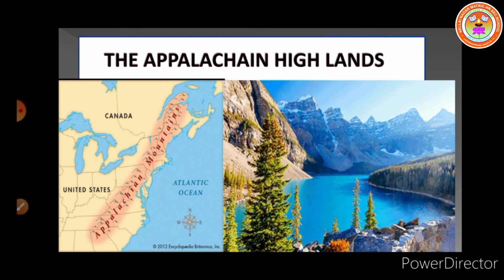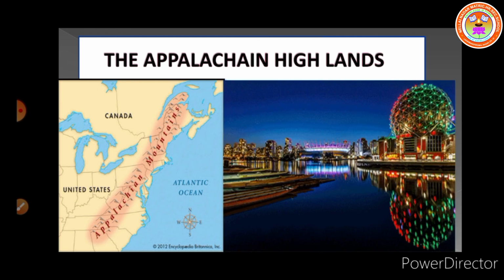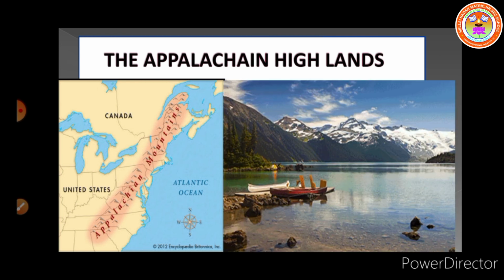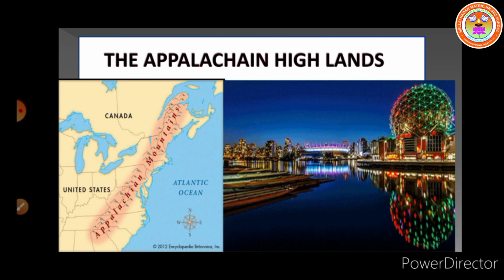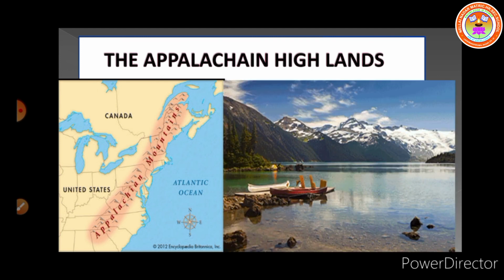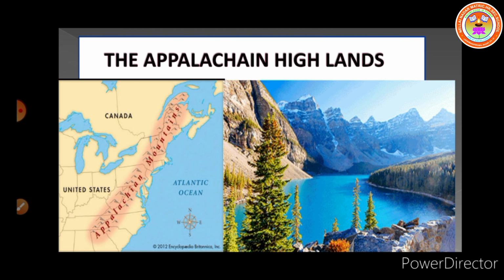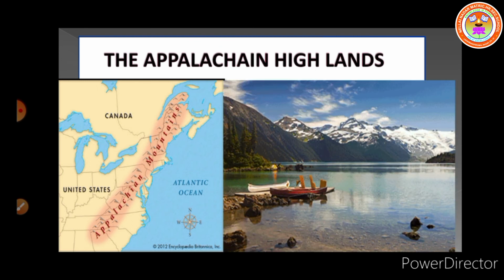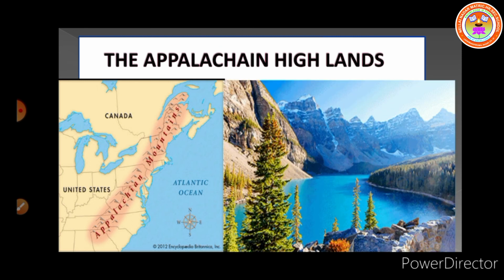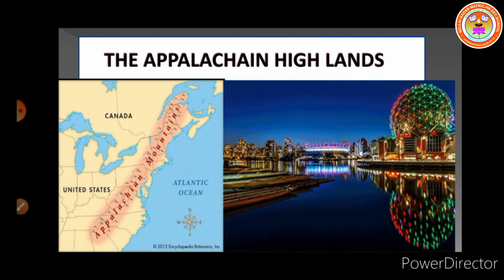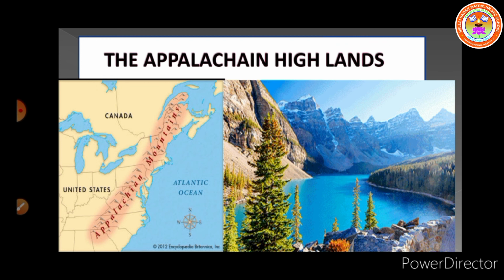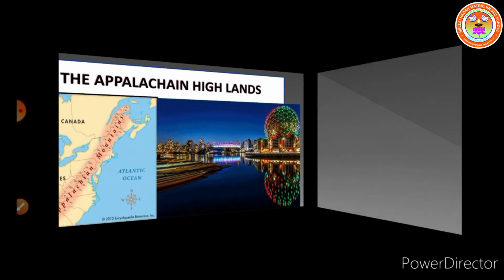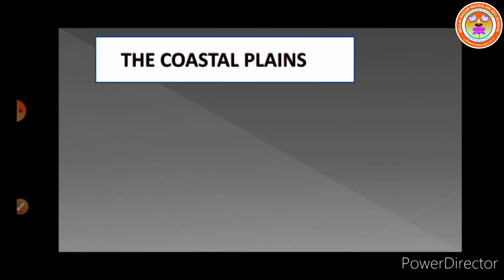They include the high plateaus of Greenland, Labrador, Laurentian Plateau in Canada, and the Appalachian Mountains in the United States. This region is rich in mineral reserves like coal, iron ore and copper, which play a vital role in the North American economy.